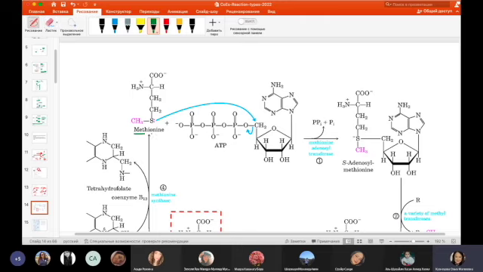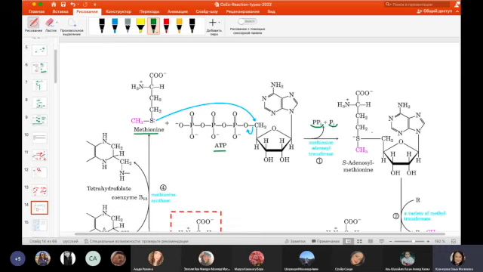Methionine interacts with an ATP molecule, forming a linkage between the sulfur of methionine and the carbon atom of the adenosine part. All 3 phosphate groups of ATP are eliminated: 2 together in the form of a pyrophosphate molecule, 1 in the form of inorganic phosphate.